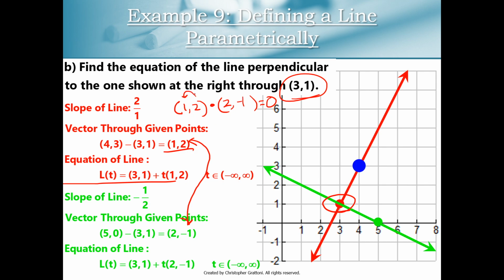If you swap the x and y coordinates and make the second one opposite, that'll take care of it, because this dot product would be 2 minus 2, which we know is 0. So at least in two-dimensional space, it's really easy to find a vector that's perpendicular to another vector. You just swap the x and y coordinates and make that y coordinate its opposite.